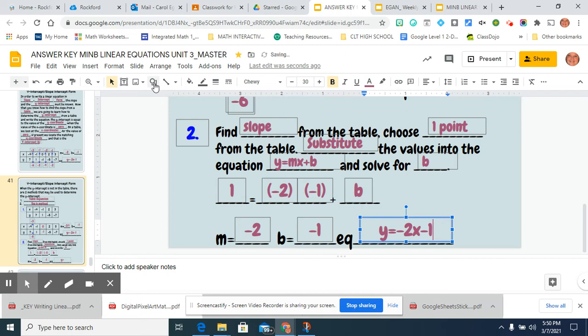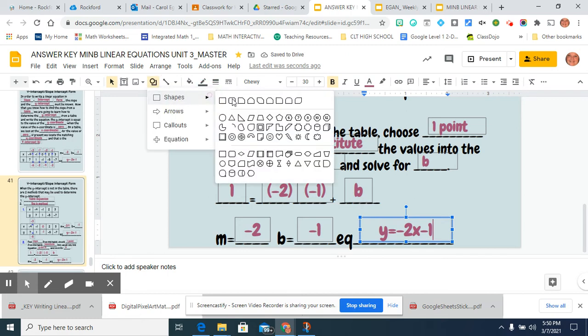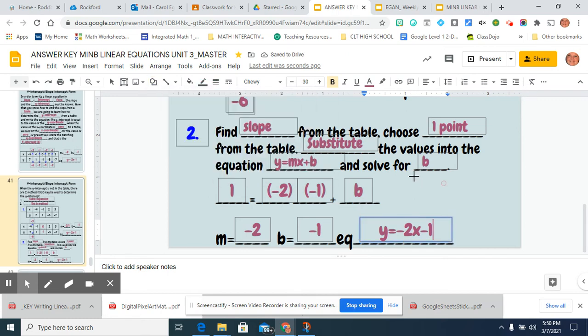And I'm just going to reiterate what we did. I'm going to put a little extra box over here. So when we were doing the math, we determined that 1 equals 2 plus b. So to solve the equation, we have to subtract 2 from both sides of the equal sign.